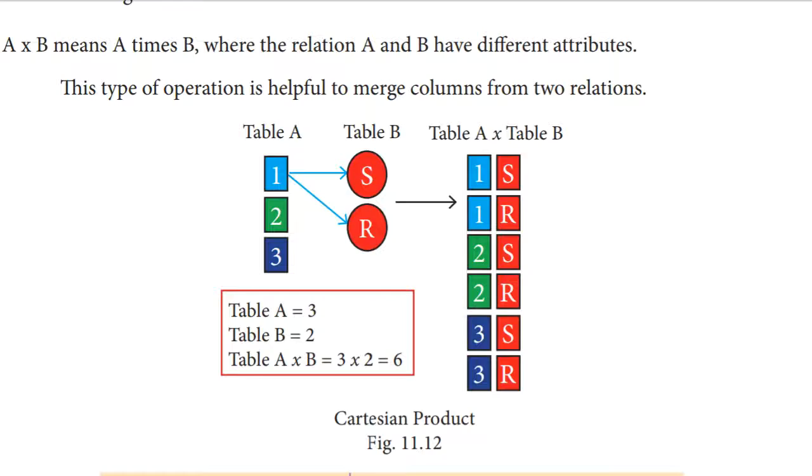You just see one small red color box they have given. Table A is equal to 3, table B is equal to 2. So table A we have 3 rows, table B we have 2 rows. We multiply these two and get the answer 6. So in the final result table, we have 6 rows.